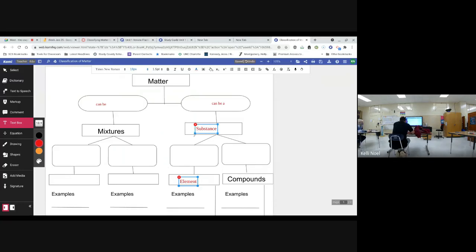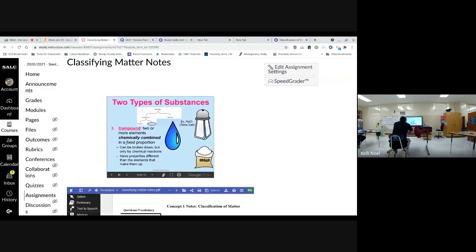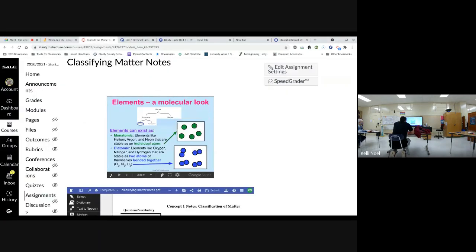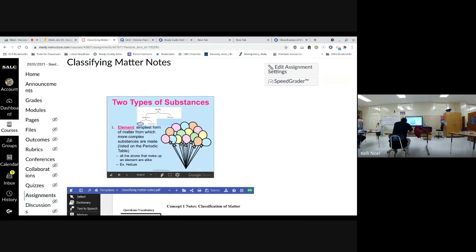So, substances. How can I connect substance to element? I could put "one type" if I wanted to. Or if I go back and look at element, maybe I want to use part of the definition that says simplest form.